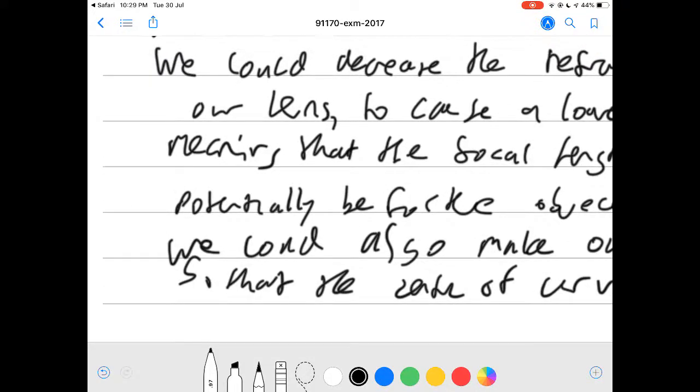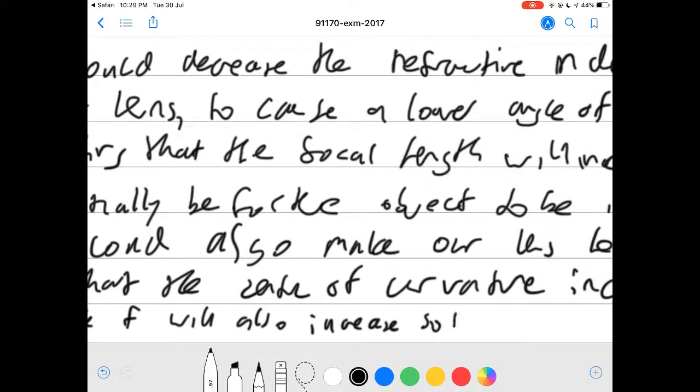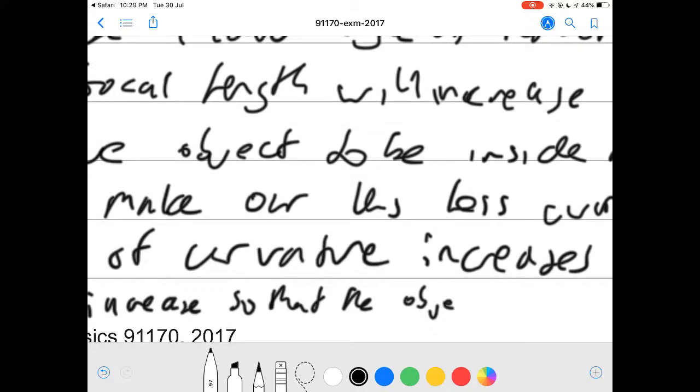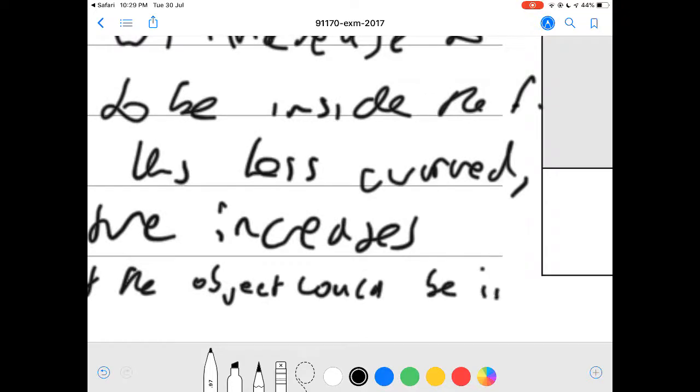If the center of curvature increases, then the F will also increase, so that the object could be inside the F.